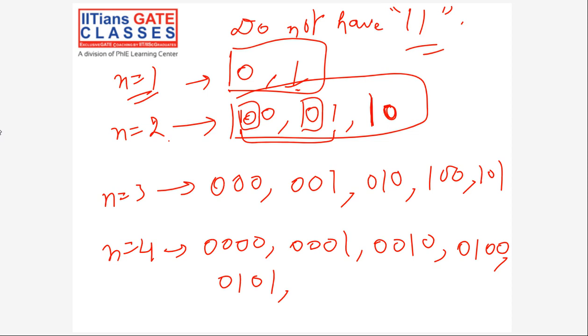Now one more thing that you'll do is wherever these zeros are there, you just add 1: 1000, 1001 and 1010. If you see, nothing is being copied. Is this clear to everyone? Yes or no?